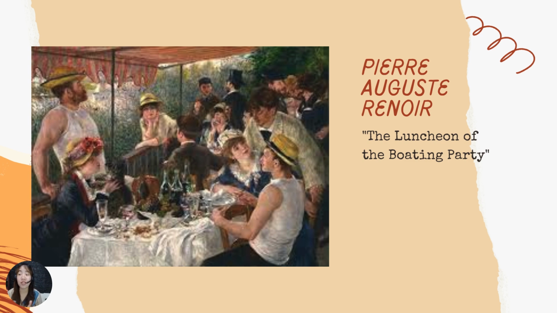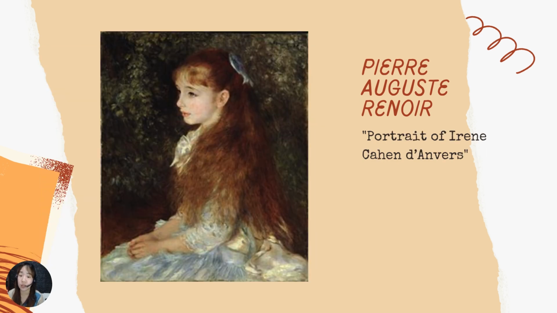So Renoir's works were snapshots of real life. Real life situations, real life happenings, or real life paintings of actual people and figures. This one was an example, The Luncheon of the Boating Party, and also the next one, Portrait of Irene Cahen, is a good example of Renoir's work.